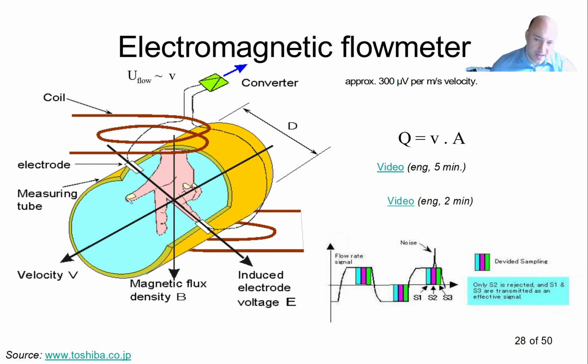The thumb is pointing in the direction of the movement, the index finger is showing us the direction of the magnetic flux, and the other fingers are showing us the direction of the electric field that we are creating. Here we have two electrodes that are used to sense the polarity and amplitude of the electric field that we have created in this way.